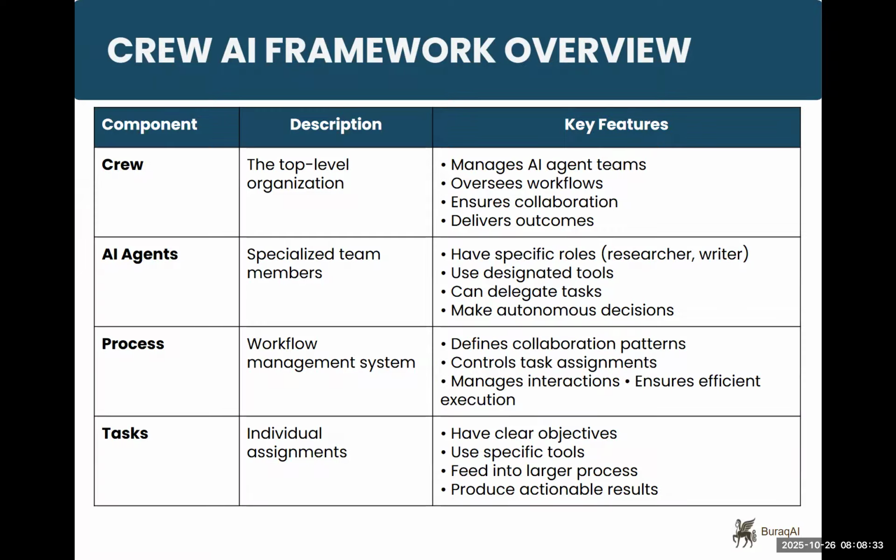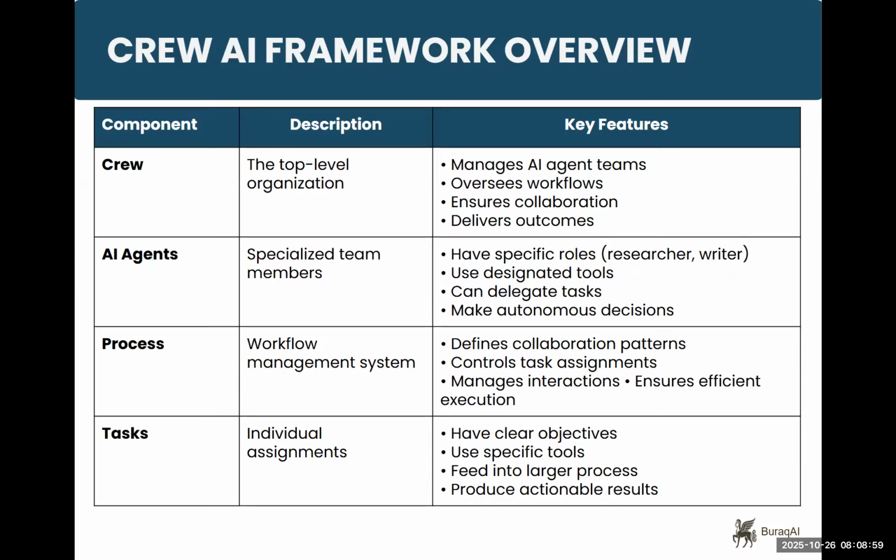Now, Crew is the top level organization which manages orchestration, manages AI agent teams, oversees workflows, ensures collaboration, delivers outcomes, all of that. We have agents which have specific roles and designated tools, and they can delegate tasks to other agents and make autonomous decisions on their own.